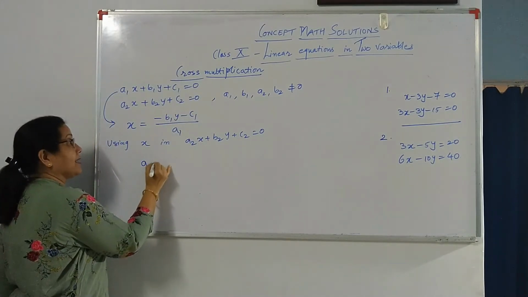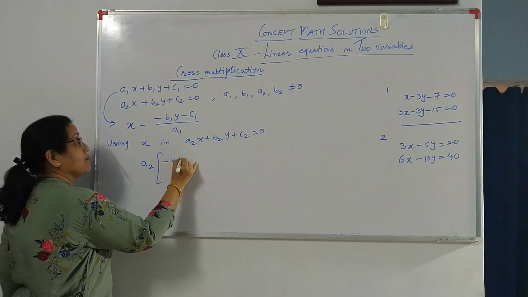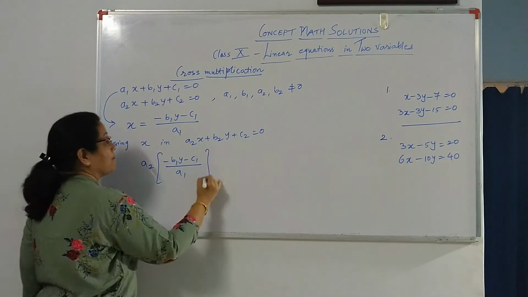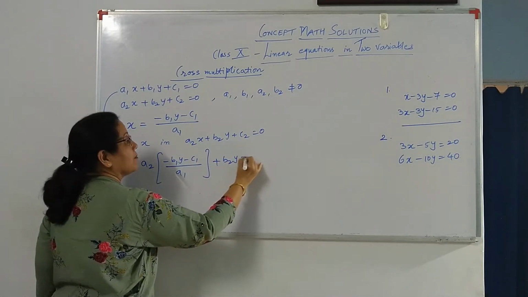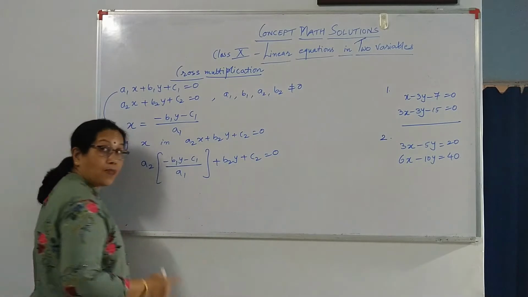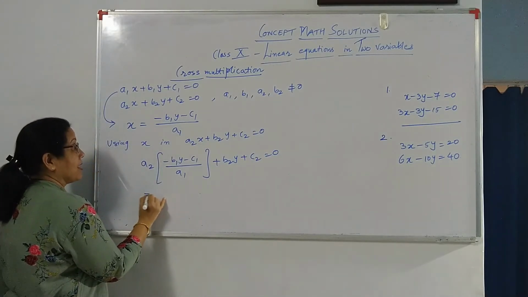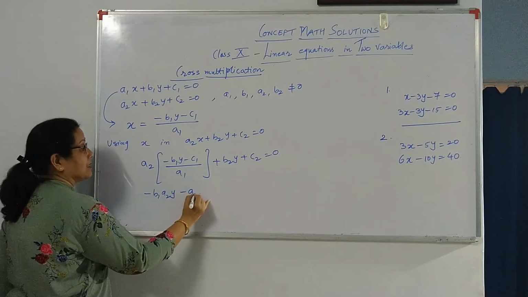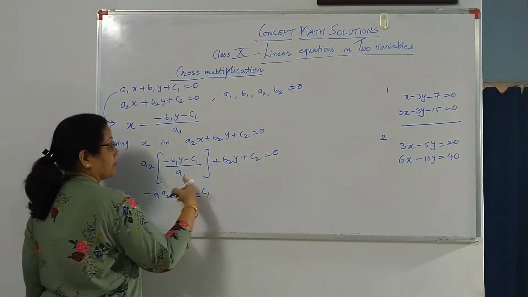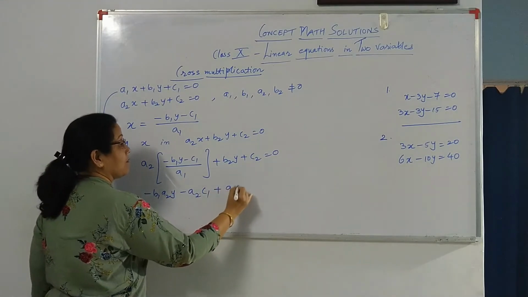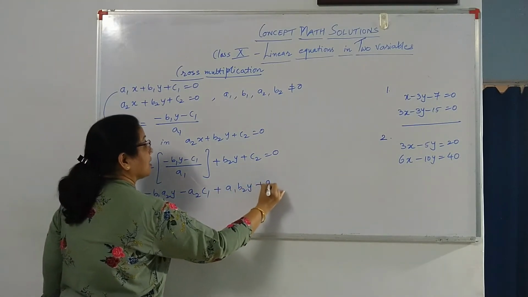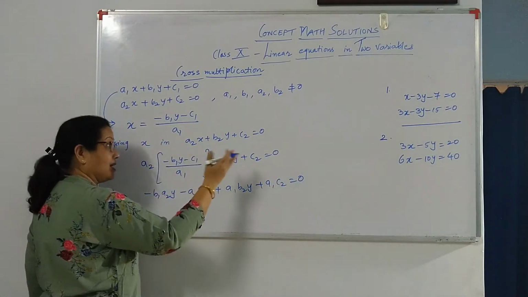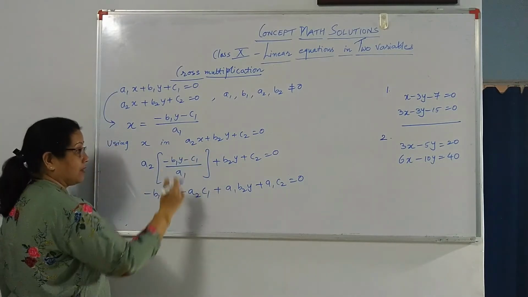So a2x, where x is minus b1y minus c1 upon a1, plus b2y plus c2 equal to 0. Now I am going to take LCM. So minus b1 a2y minus a2c1, I am taking LCM, plus a1 b2y plus a1c2 equal to 0. The denominator went to that side and it became 0; 0 into a1 is 0.